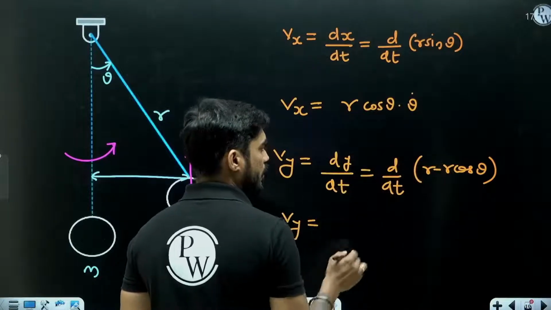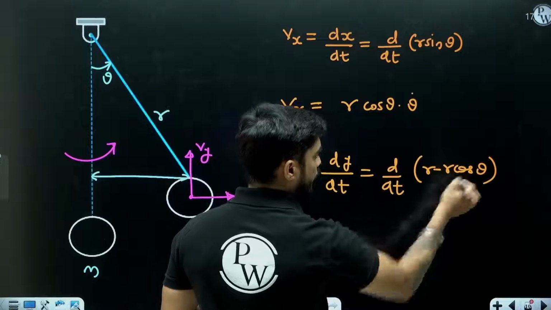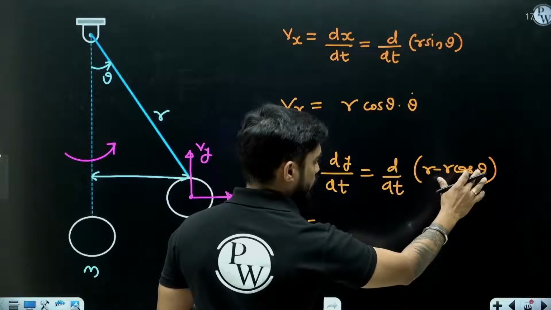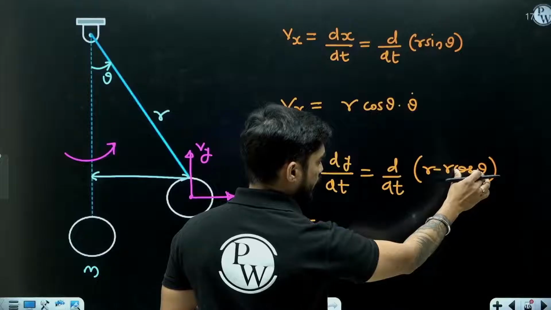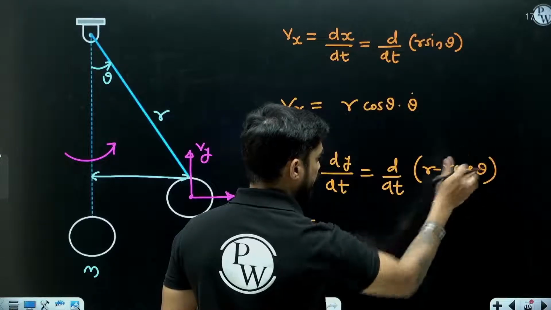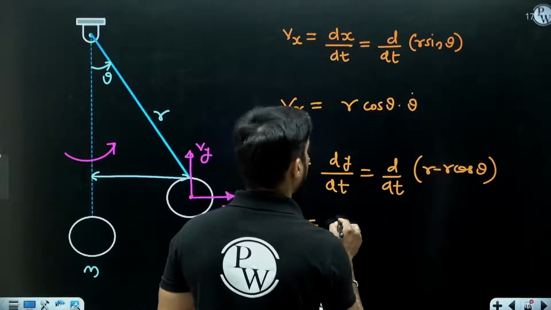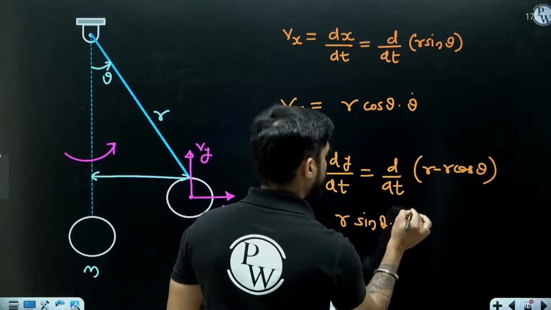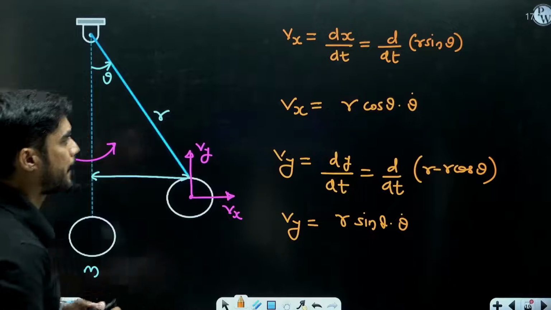The r will become 0 if I differentiate, and the negative sign is outside. Cos theta differentiation will be minus sin theta theta dot, so it will be r sin theta into theta dot.